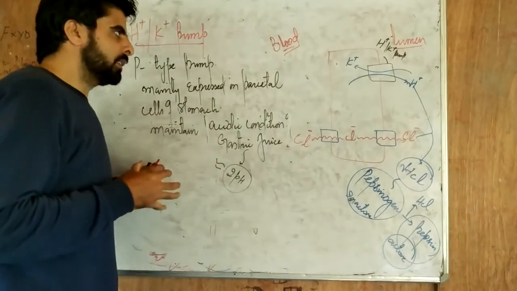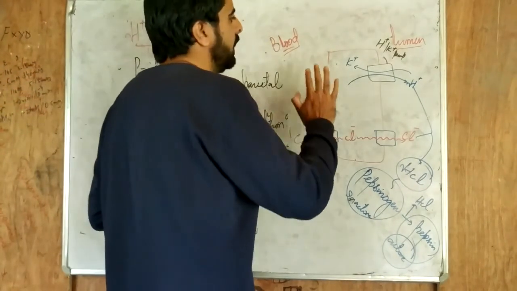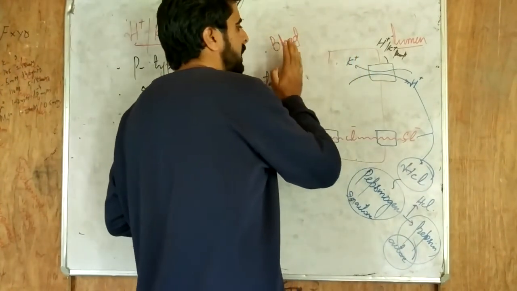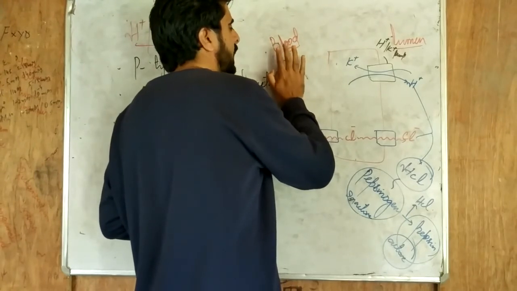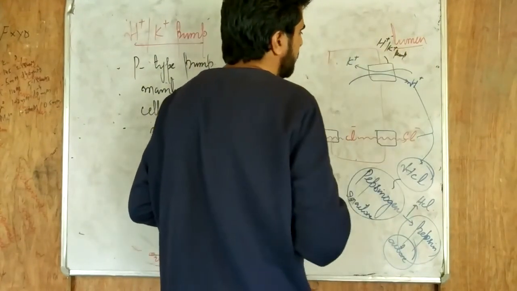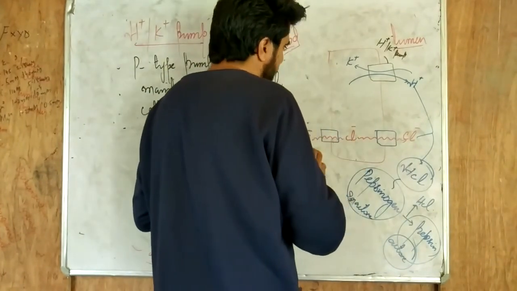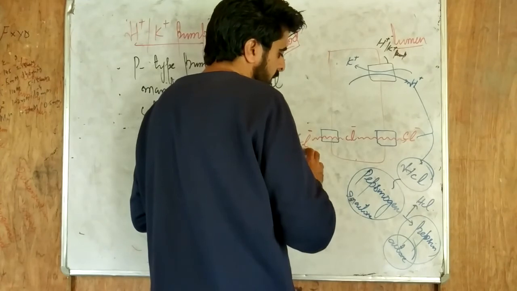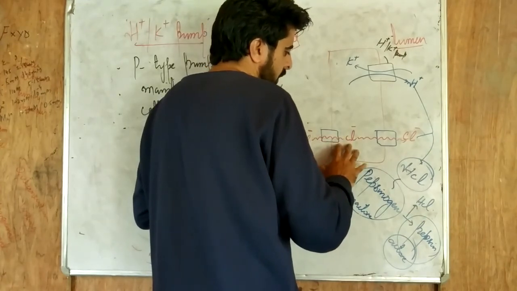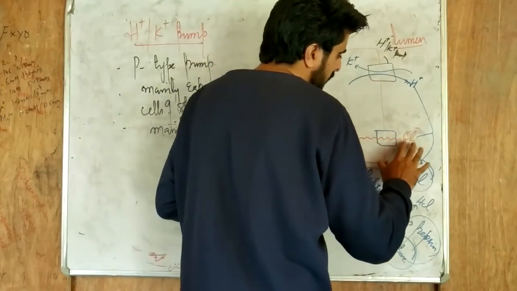How does the acidic condition get created? On one side of the parietal cell of the stomach, we have the blood, on the other side we have the lumen. And blood is rich in chloride. It is taken by the chloride transporters first from the extracellular space into the intracellular space, then from the intracellular space into the lumen.